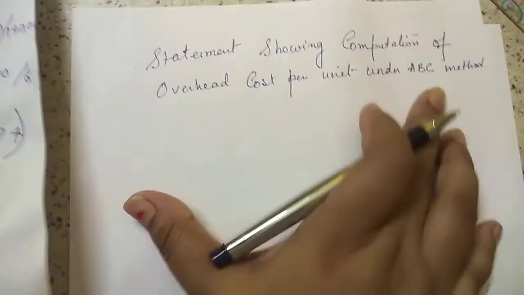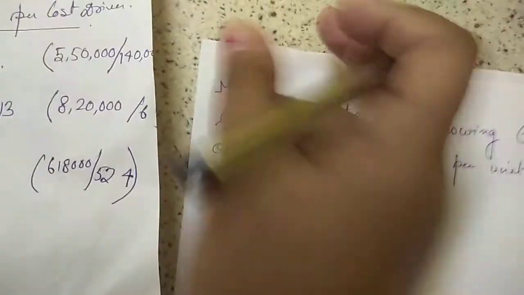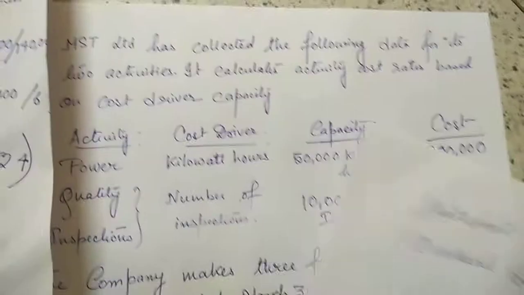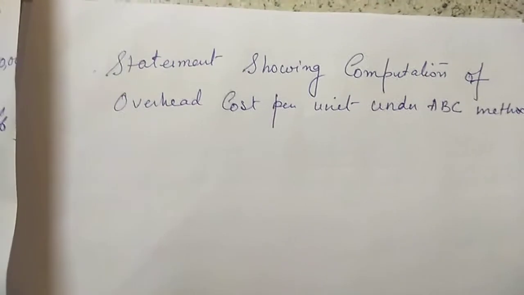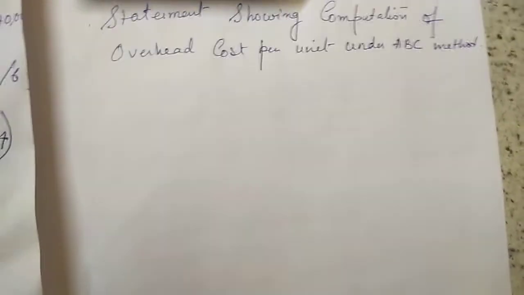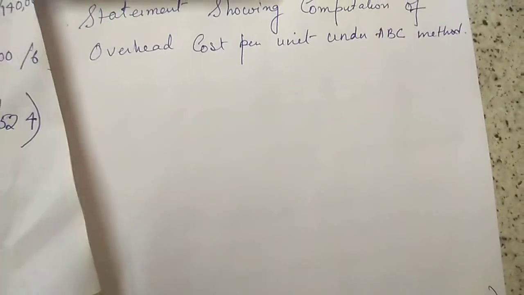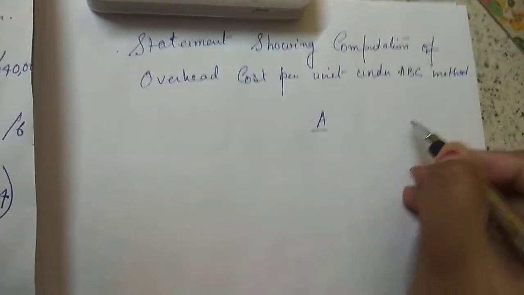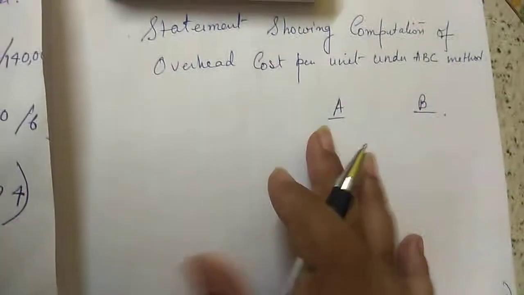How many products are there? There are two products, product A and product B.